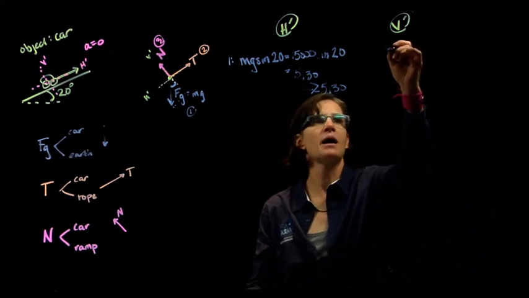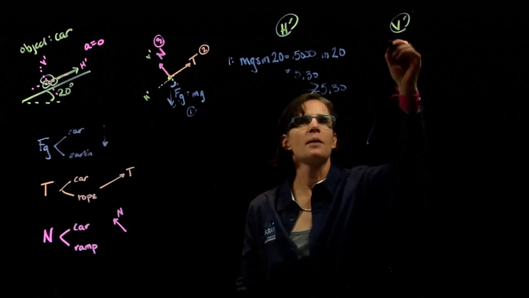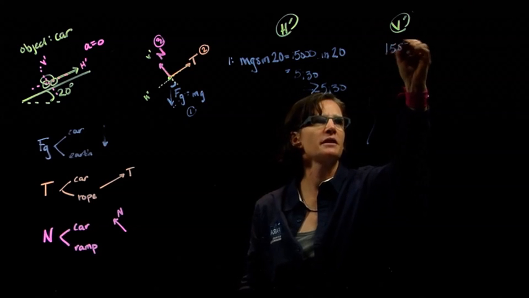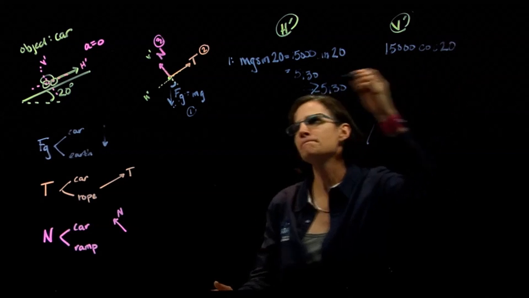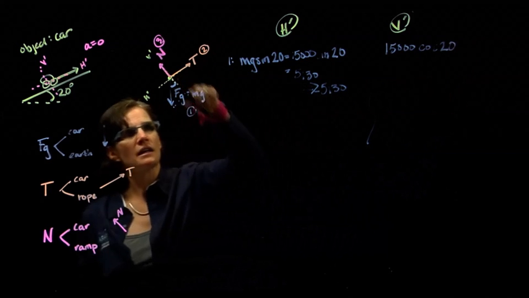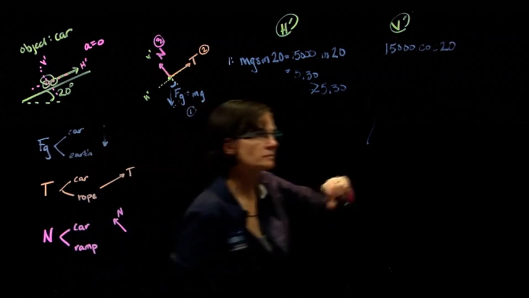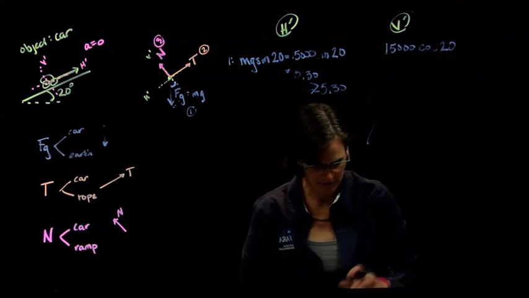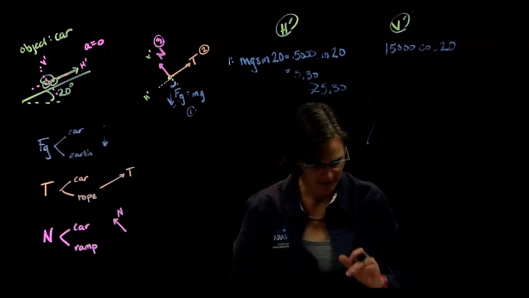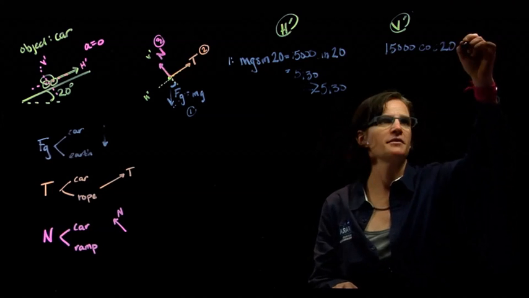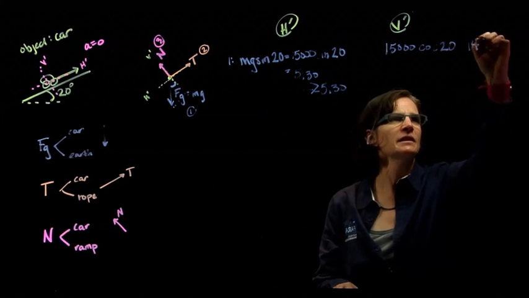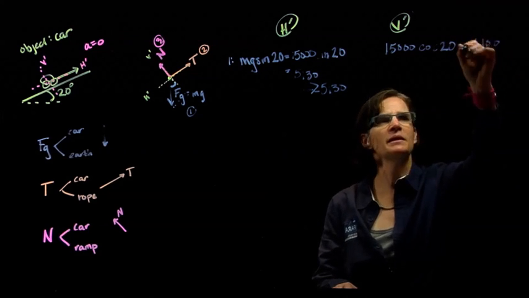Vertically, my vertical component is going to be 15,000 times the cosine of 20. So it's adjacent, and 15,000 cosine of 20 gives me 14,095, so 14,100.